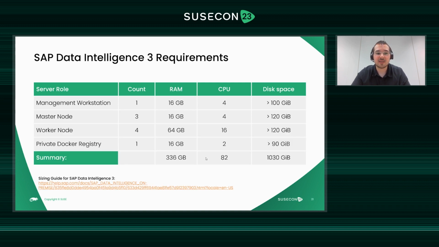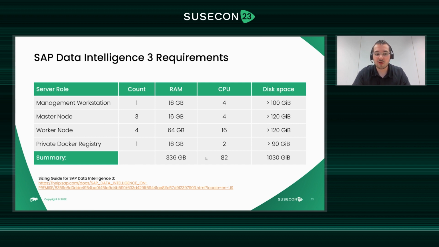Then the SAP Data Intelligence 3 requirements. You will need a workstation from where you control the cluster and roll out stuff. This will have 16 gigabytes of RAM, 4 CPUs, and at least 100 gigabytes of disk space.